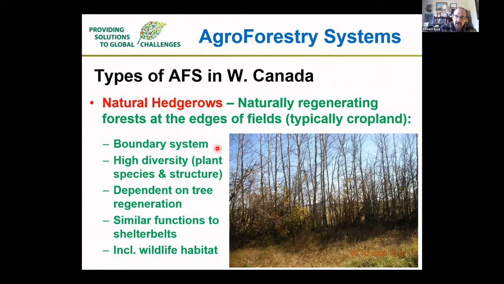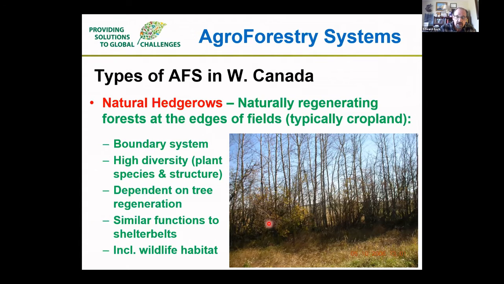They are, again, a type of boundary system. They typically have very high diversity, both in terms of structural diversity, because there's an overstory, a midstory, and then an understory, and also high plant species diversity because they are composed of natural mixes of plant species. There's many different plant species growing together.